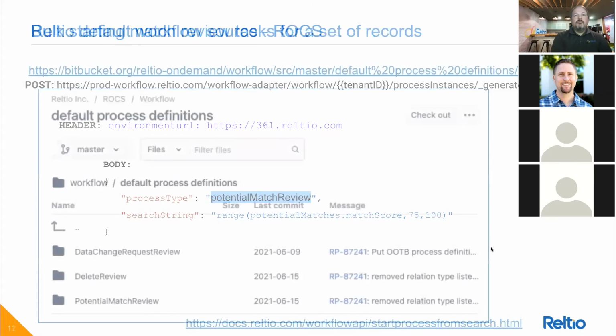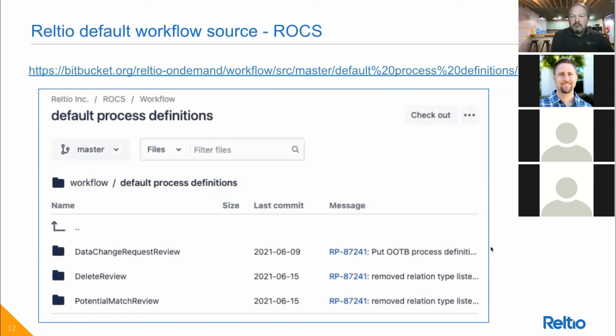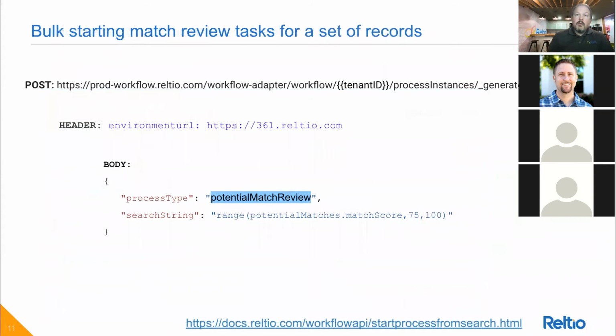All right. In this example of bulk triggering, you have the score as 75. Is that standard, or can we alter it? Yes, you can. The search string here can be any filter condition that's accessible from the Reltio engine.